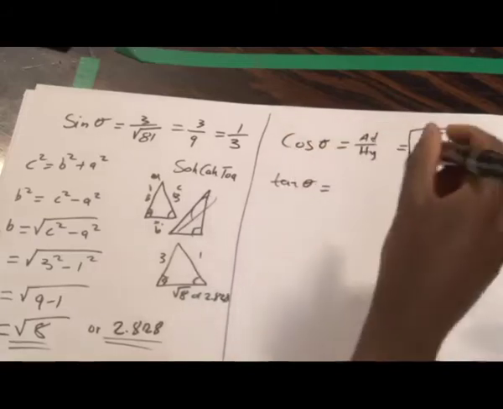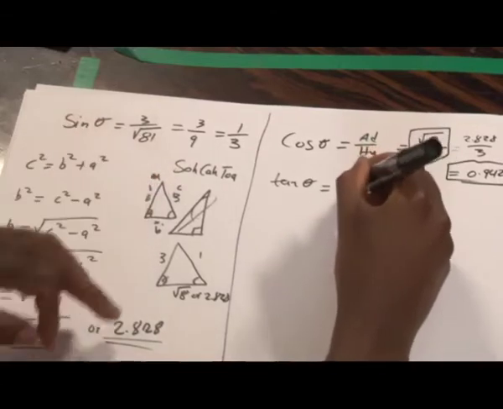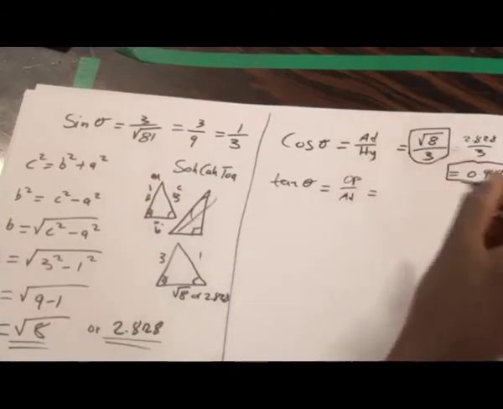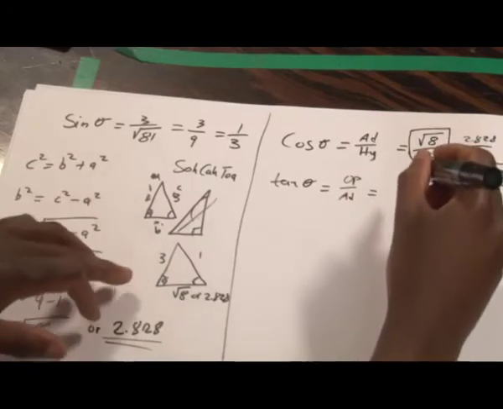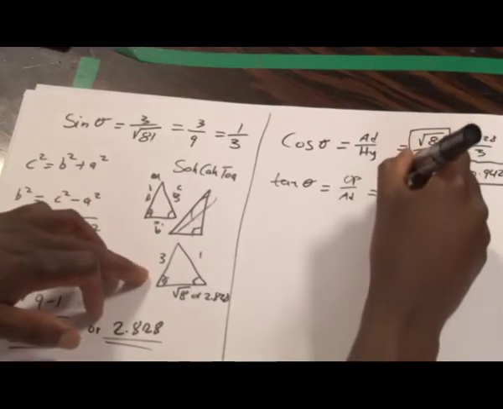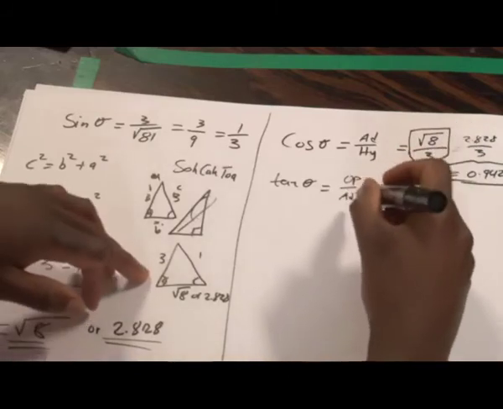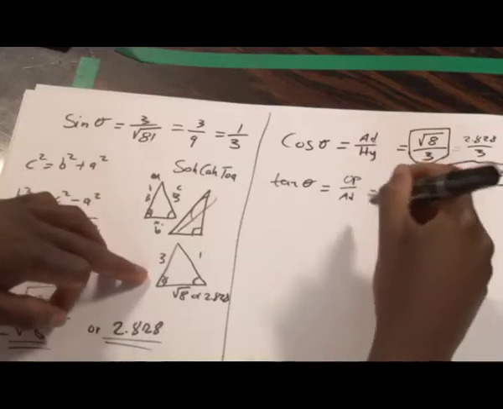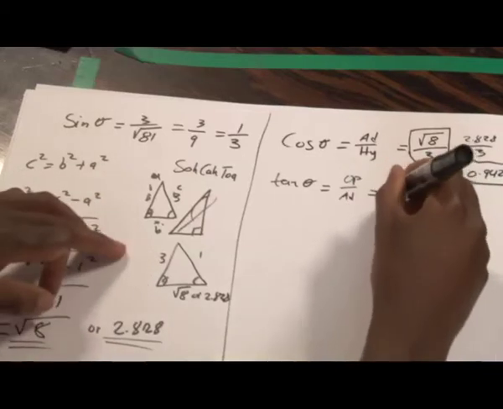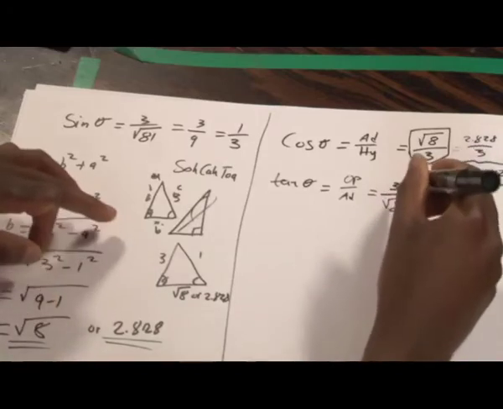Then you come to tan theta. Tan theta is equal to, tan is opposite over adjacent. What's our opposite? Opposite is 3. Then our adjacent is the square root of 8.